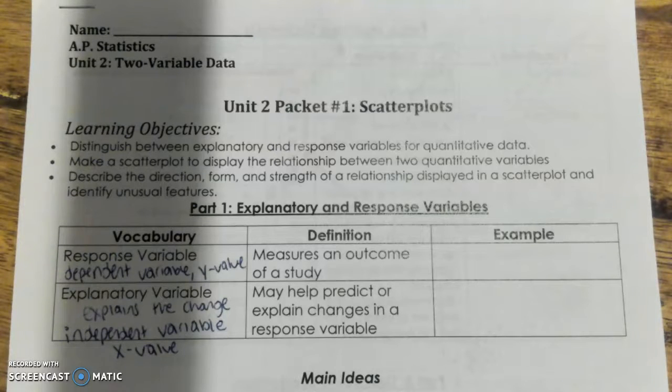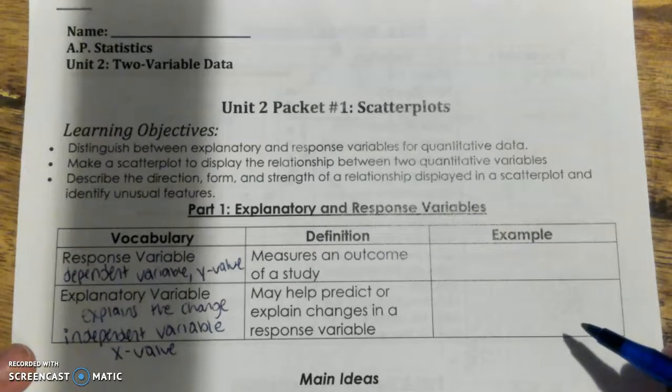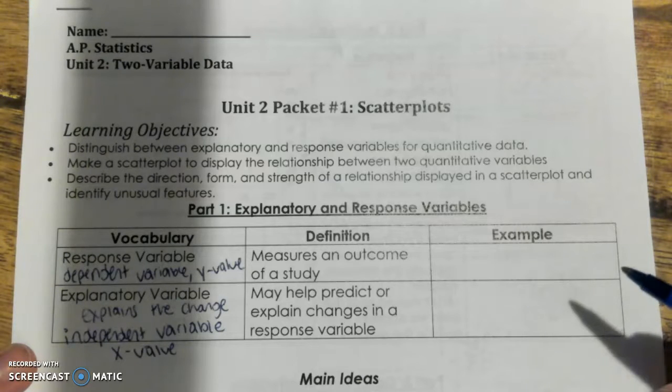All right, so let's think of an example. Let's see, explanatory and response. How about, let's see if there's a correlation, or I'm sorry, a relationship between the amount of times you laugh and the number of jokes I make, right? So which would be the response and which would be the explanatory? The number of jokes I make and then the number of laughs you laugh at home. Which one explains the other?